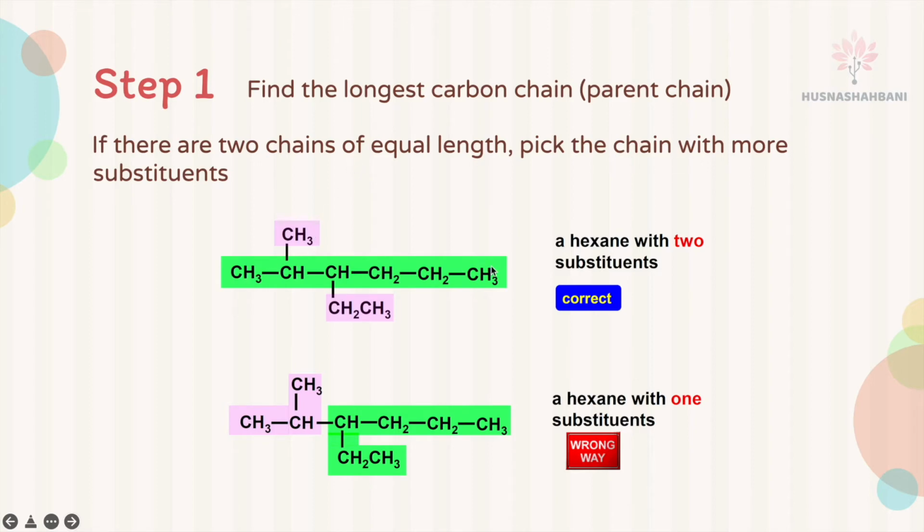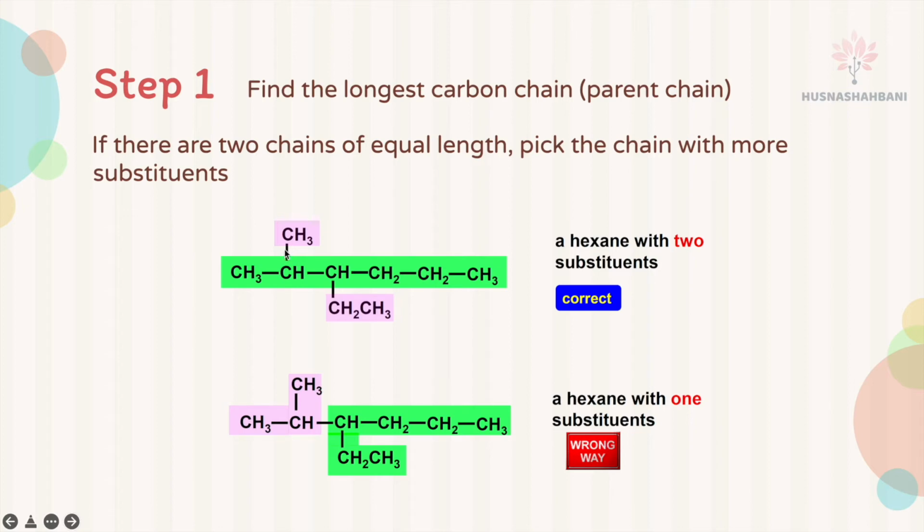If you choose this as the longest carbon chain, you will have two substituents here, one methyl, one ethyl. If you choose the hexane bend as the parent chain, the longest carbon chain, it has one substituent only. How to count the number of substituent? Count the number of bonds of the branch attached to the parent.